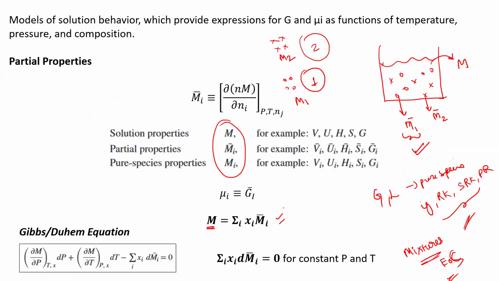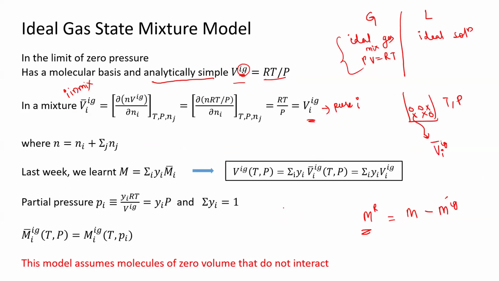Xi was used here also, but since it's a gas mixture, we have Yi, which is also the mole fraction. So that gives us V IG at T and P for the mixture equal to the sum of Yi times Vi IG bar, which is equal to the pure i.